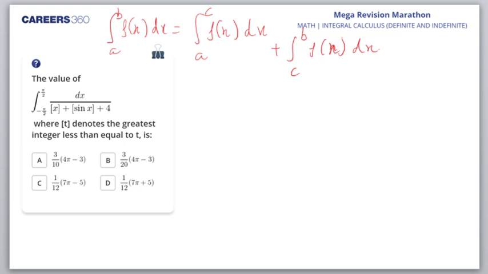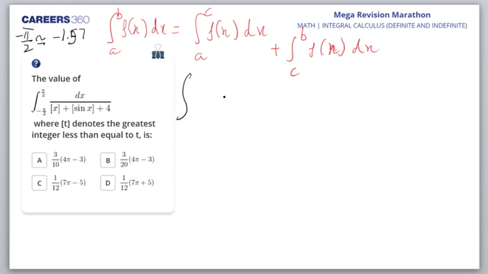Let's see what we do here. We split it into 4 integrals. Okay, let's see how. Minus pi by 2, tell me, is what? Minus pi by 2 is approximately minus 1.57.